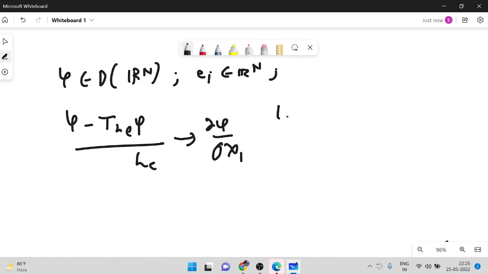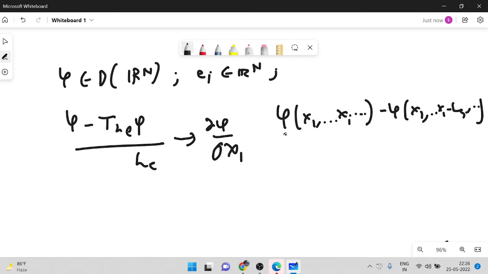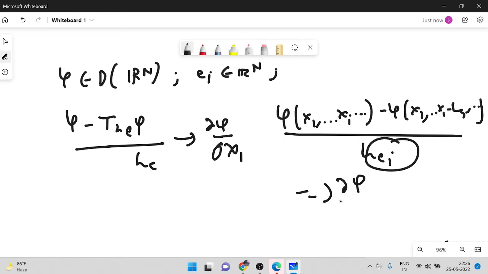So basically it is phi of x1 and so on till xi, minus phi of x1 and so on till xi minus h_i, comma 0, divided by h_i. If h_i is very small, you basically get the derivative in the ith direction. So that's what this theorem says.